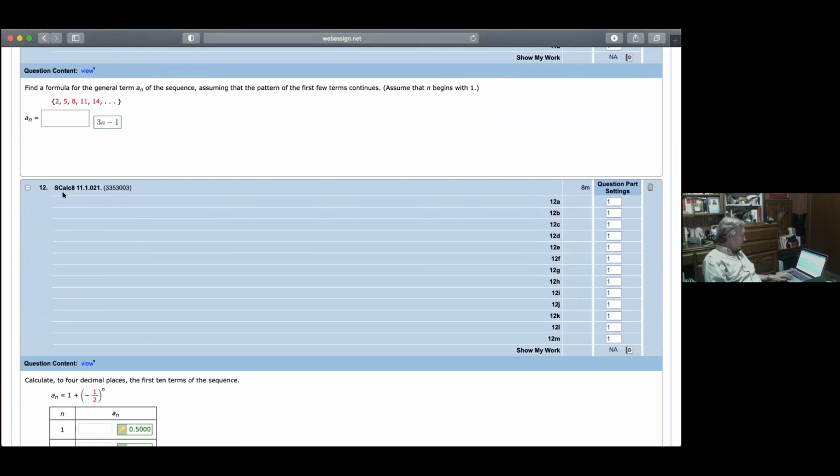This one, you might remember we talked about. But anyway, we talked about it when we were talking about something else. So if I have 2, 5, 8, 11, 14, and so on, well, how can you break down what goes on here? Well, notice if you subtract any one from the next one, you get 3.